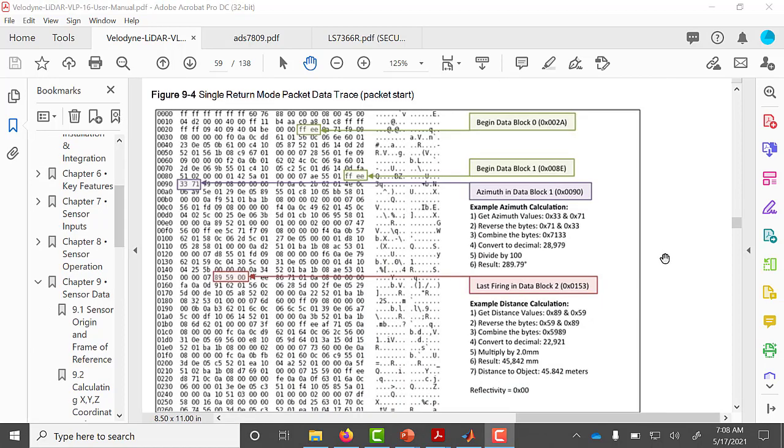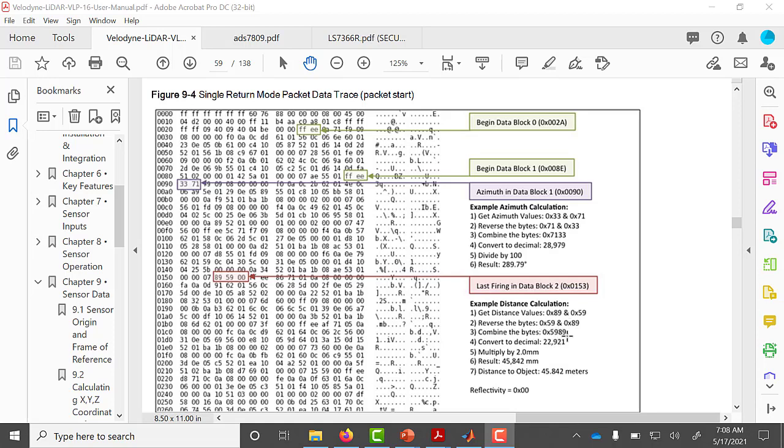Here we're looking at some raw data coming from the Velodyne. This is an example of a particular laser beam at a particular azimuth, with a particular range to target here. The data looks like an 89 hex followed by a 59. They say it's little endian, so you're turning the bytes around.